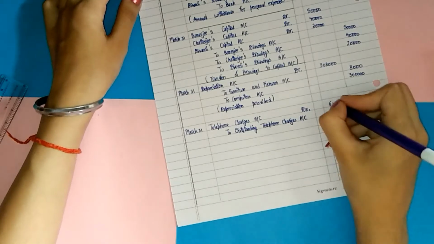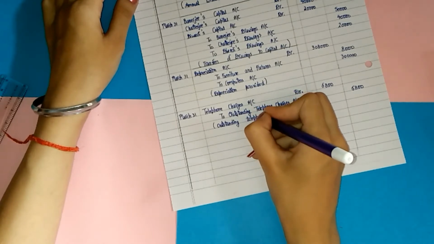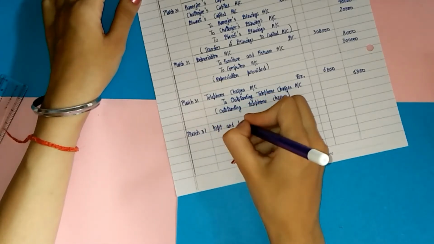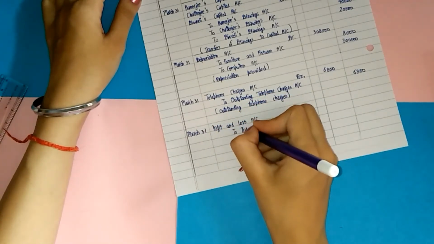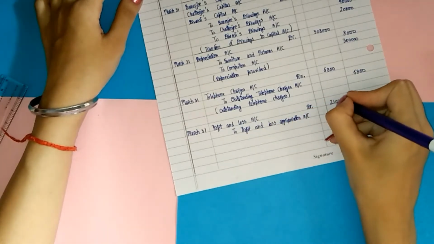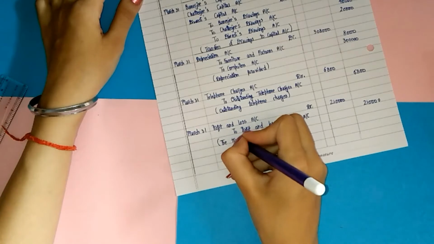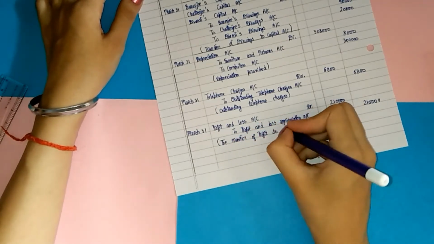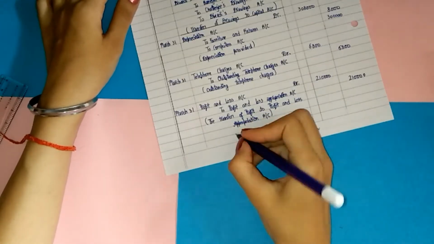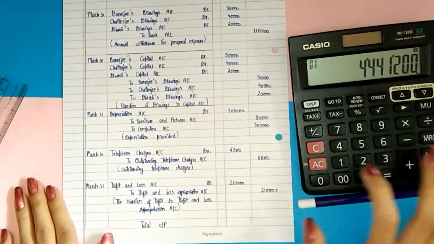That is mentioned in your guidelines. Use a calculator for calculating the total CF and BF.